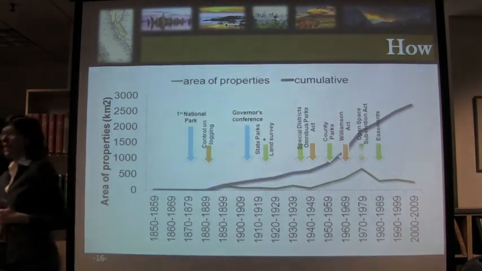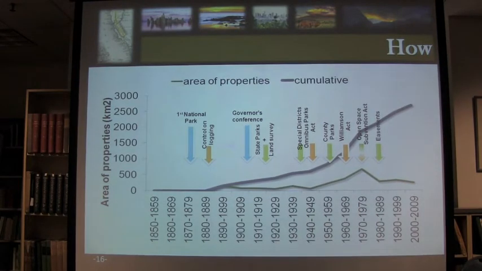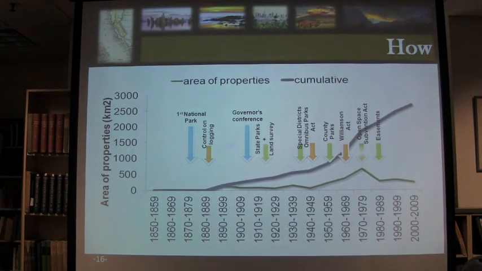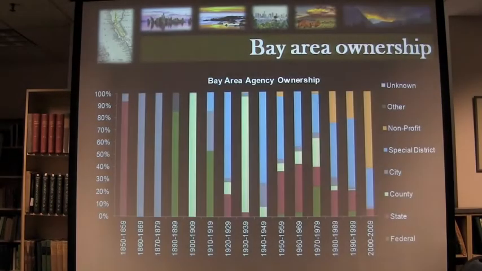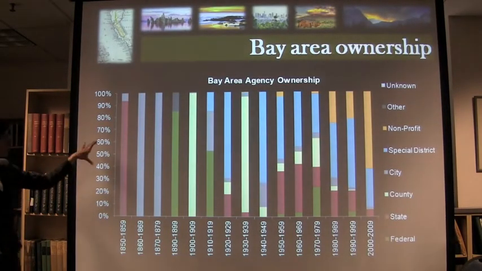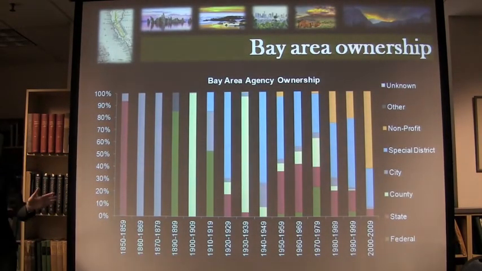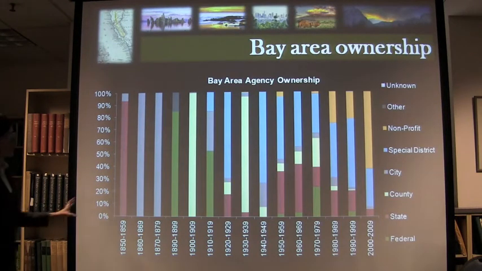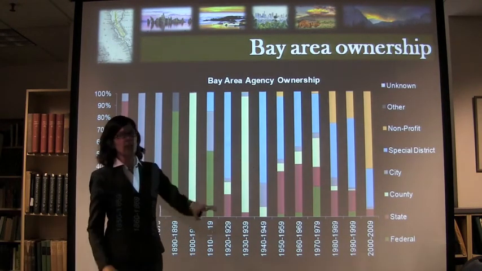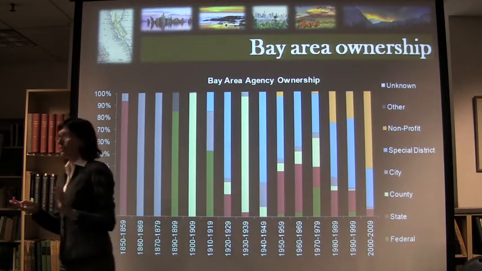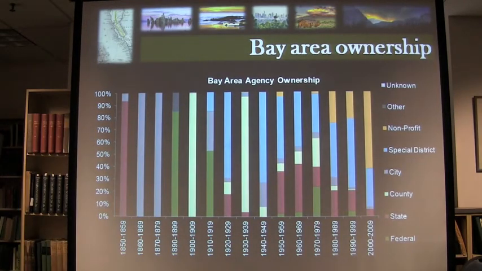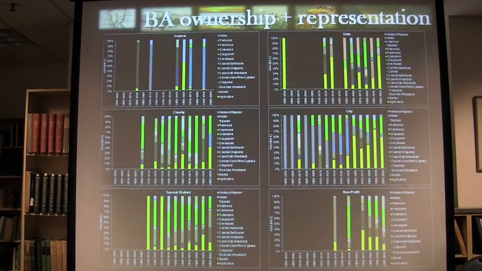So all of this timeline of conservation policies led to the timeline of conservation action that we see on the ground. And of course, then you can plot the area that is acquired by decade by the agency that owns it itself. And then you can try to match this timeline with the timeline to see if there is a gap between when these policies are put in place and when they actually start having conservation action on the ground. And here the horrific graph.